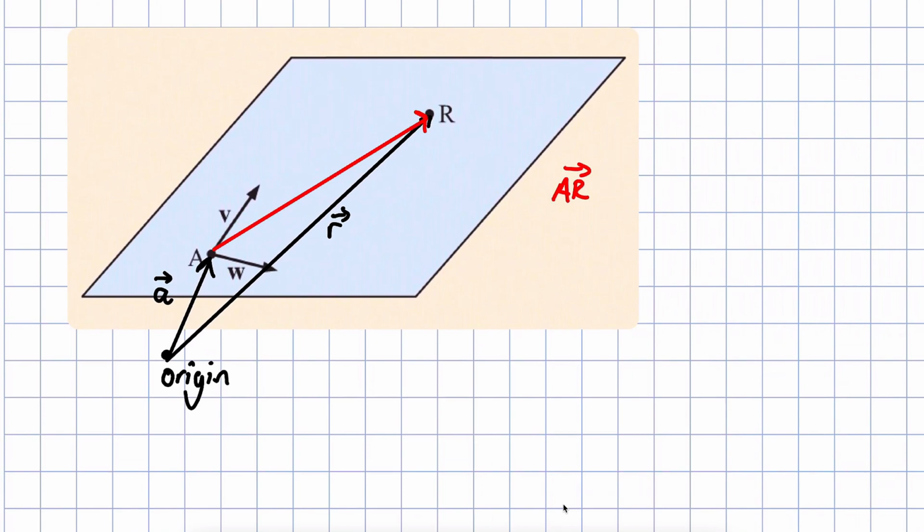Could you get from A to R by adding V's and W's, maybe not whole values of V's and W's? Yes, you can get there. Looking at that diagram, it might be like 3 V's and 2 W's or something like that.